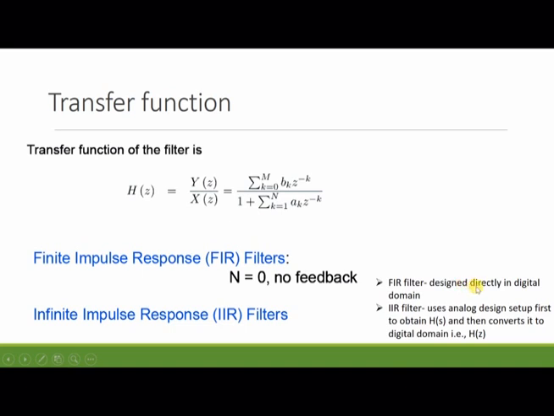FIR filters are designed directly in the digital domain, whereas IIR filter design takes the already existing setup of analog filter design equations to obtain the transfer function H of s in the analog domain, and then it is mapped, converted to the digital domain into H of z.